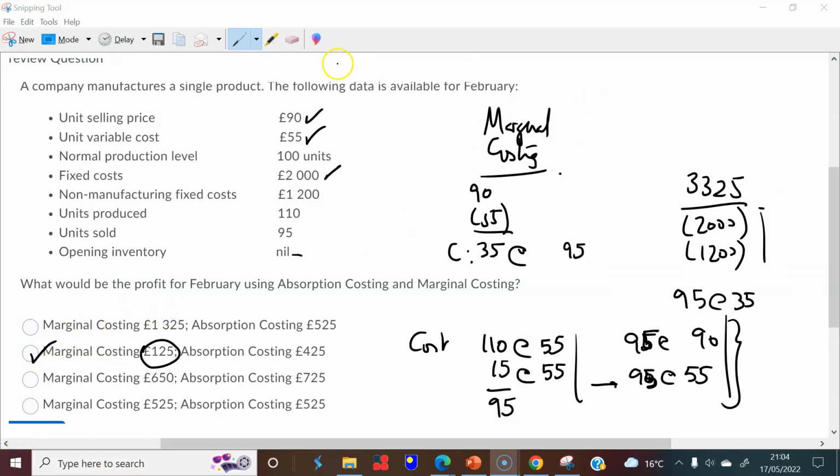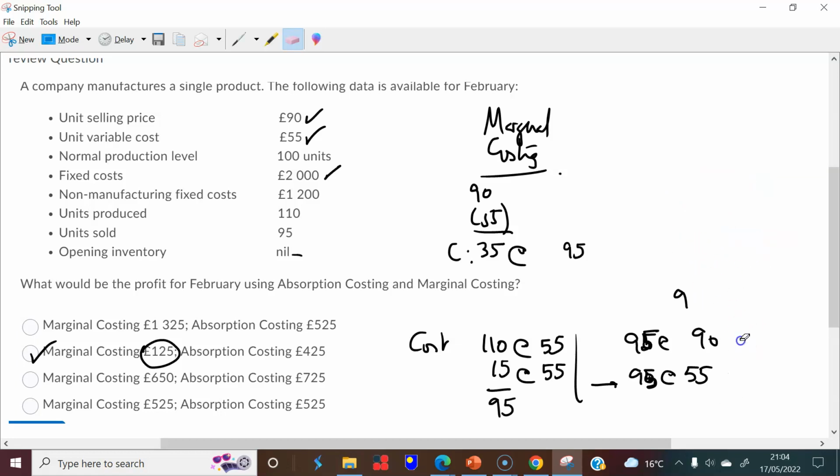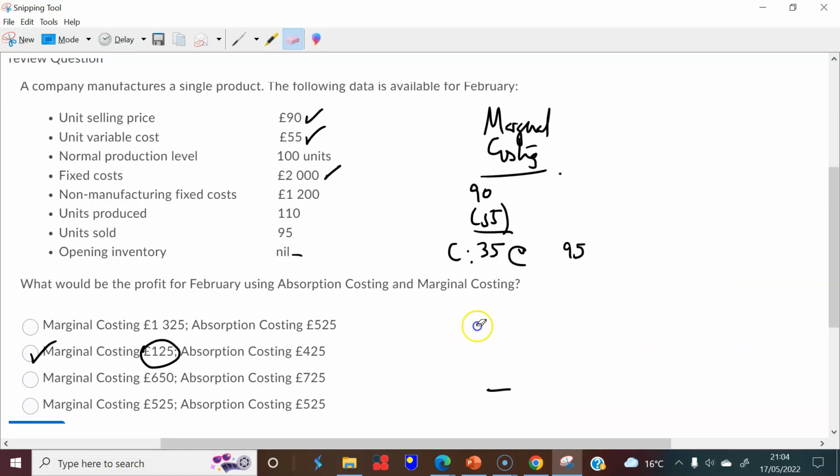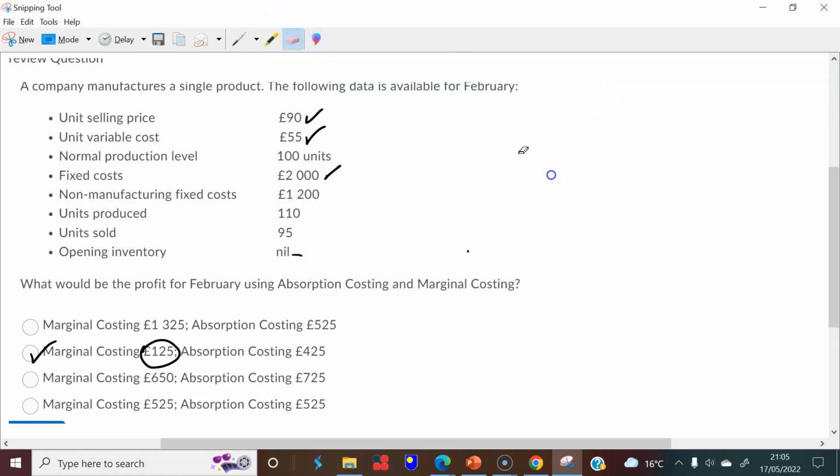For the absorption costing, I'll just clean this off so we can have some space so we can talk about this. For the absorption costing, what we would be saying would be, right, let us look at this. So we would argue that, look, we have a case of we're selling for £90, and yes, we sold 95 units, not a problem.